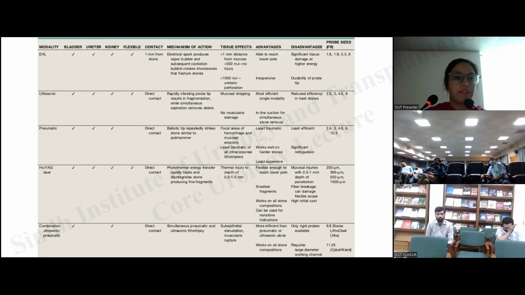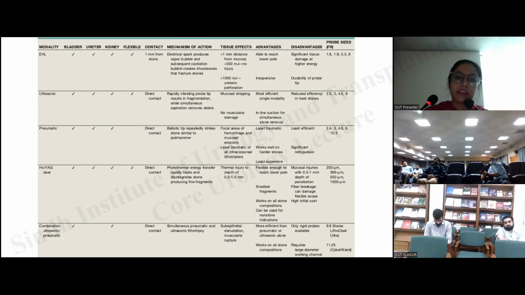So first we have electrohydraulic lithotripsy. It can be used in the bladder, ureter, kidney. It can be used with a flexible scope. First, I'll tell you the mechanism of action so you can understand why contact within 1 millimeter of the stone is important. The electrical spark produces a vapor bubble and subsequent cavitation bubble that creates a shock wave that fractures the stone.